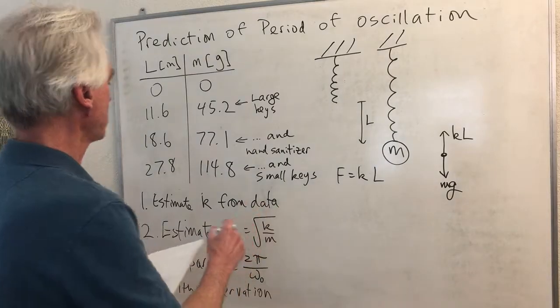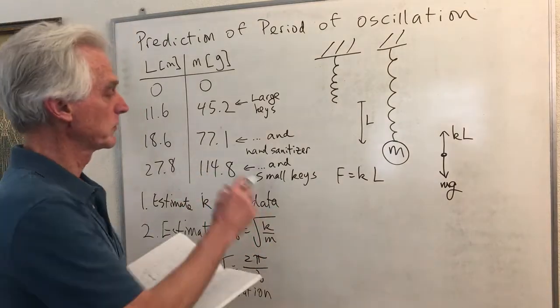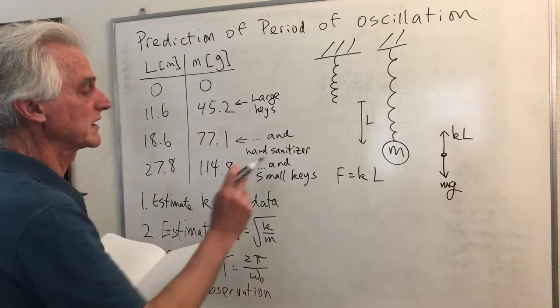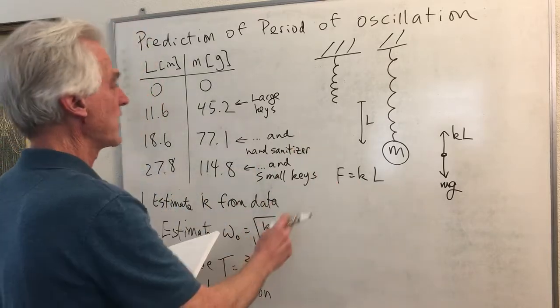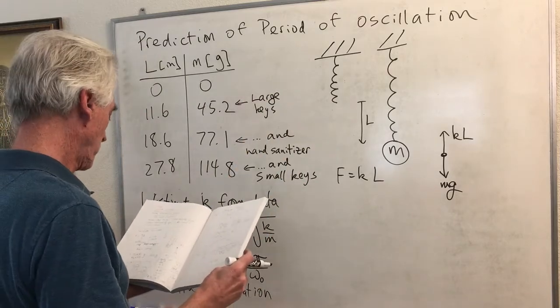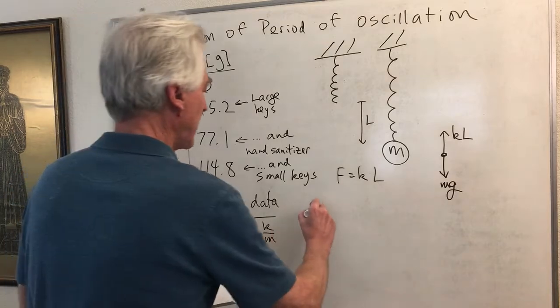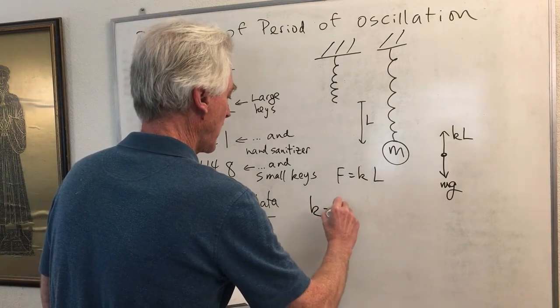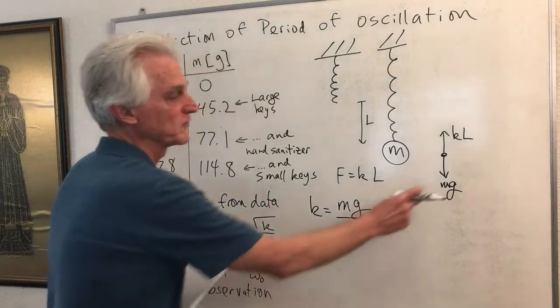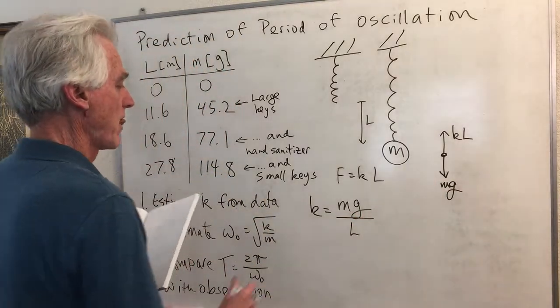all right. So when I plot that data, it's a straight line. That's what Hooke's law predicts, and K is the slope of that line, the force divided by the distance. So that K is going to be not M, but mg over L, because remember the force is mg.